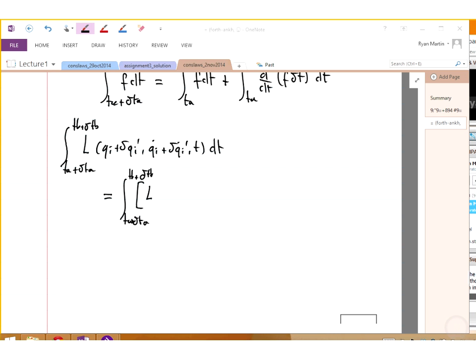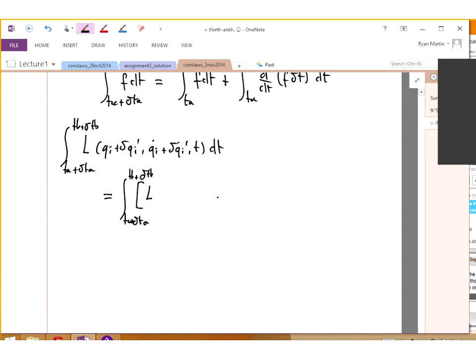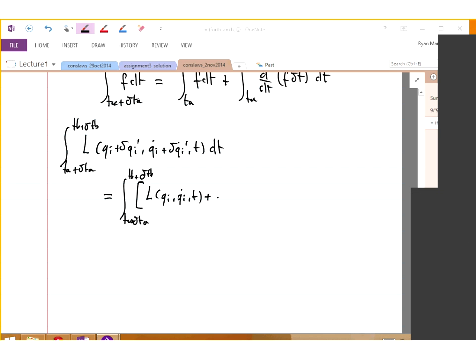Okay. So that's L evaluated at QI, QI dot and t, plus the Taylor series, which I'm going to write as the sum from i equals 1 to n.